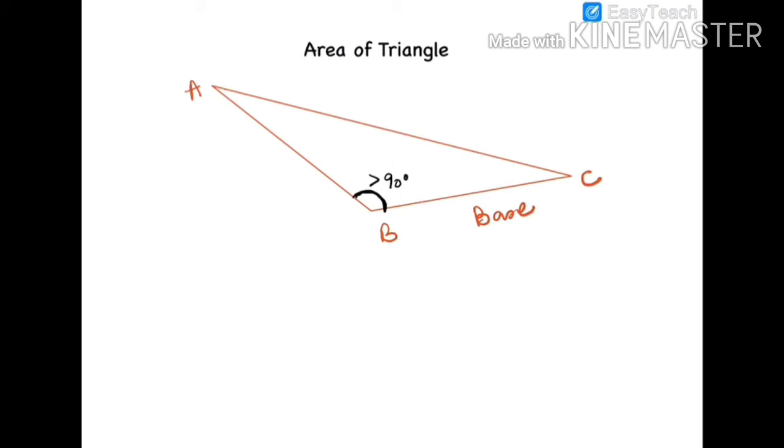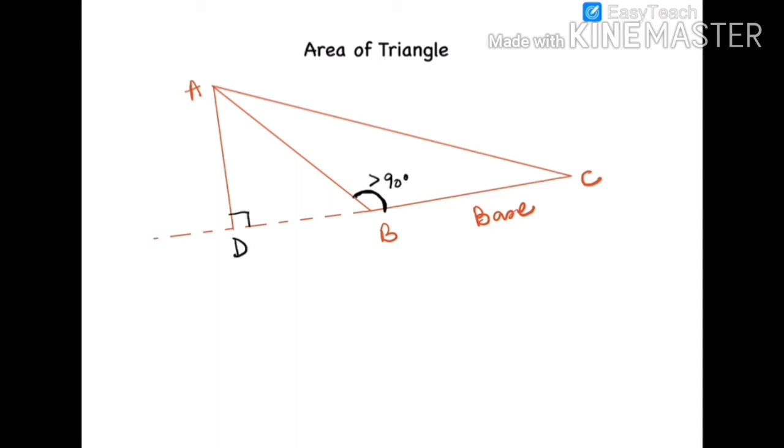So in this case, to drop an altitude from A onto BC, we will have to extend the side BC. And then we will drop a perpendicular from A to the extended side BC.